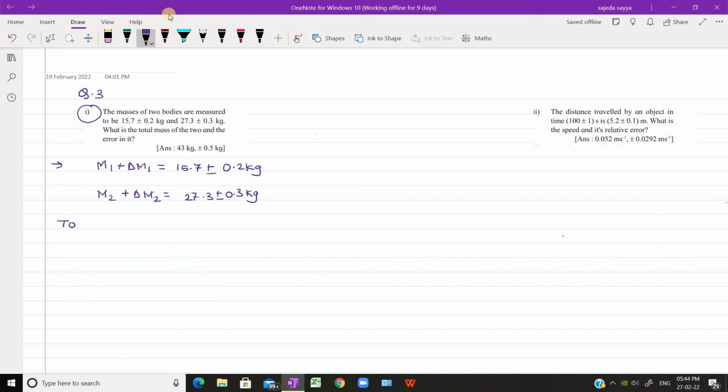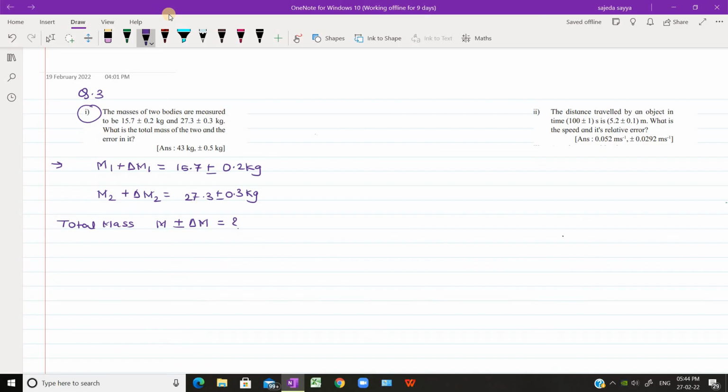So let us assume total mass as capital M, and error in its measurement is delta M. So let us find it out. We are asked to find these two, M and delta M.